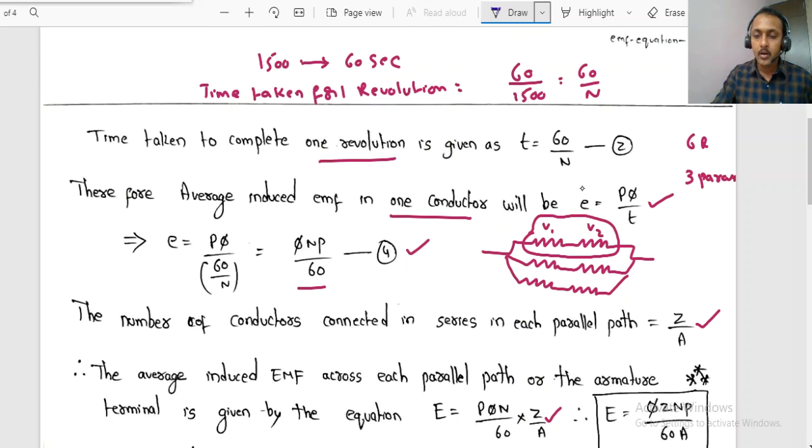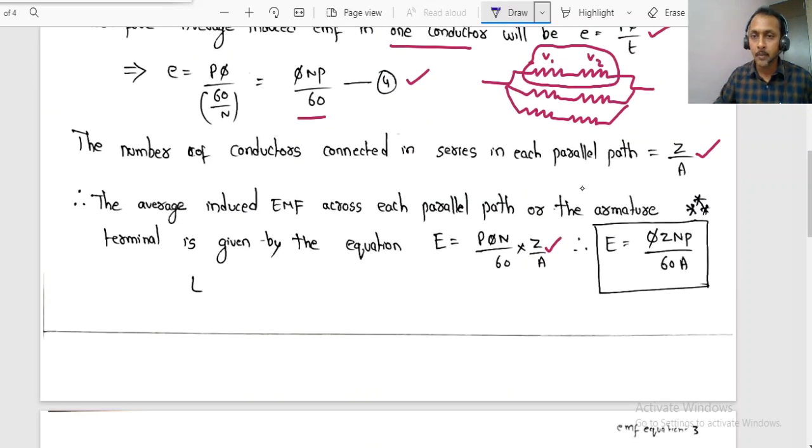Now in parallel connection the voltage will be the same. If you know the voltage across one parallel path, the same voltage will be across each parallel path. So this is the voltage across each parallel path: Z by A, times PφN by 60. So these are the points to be highlighted while attempting a question from this topic. Thank you.